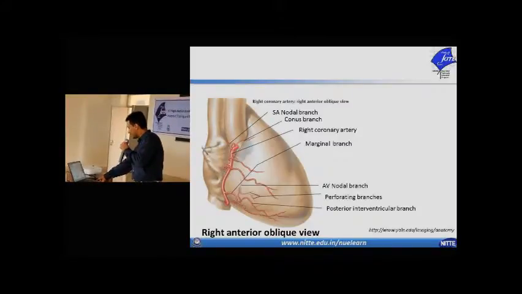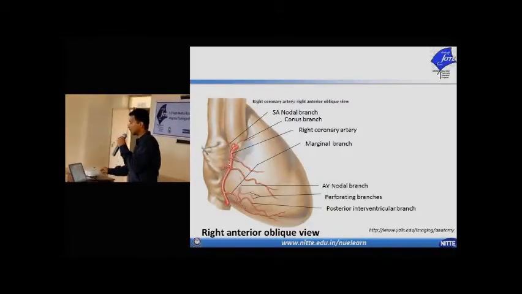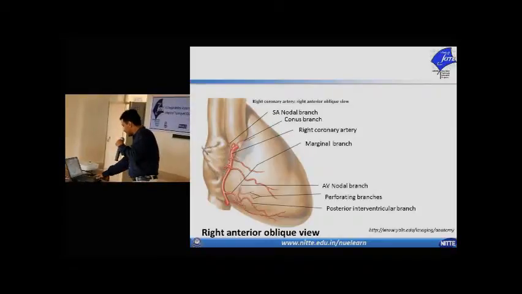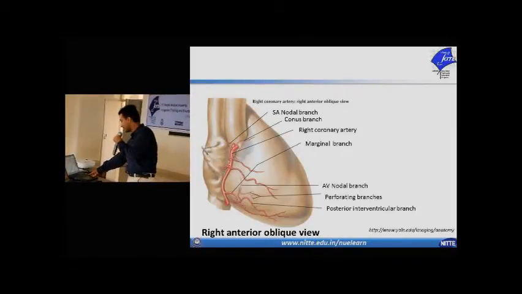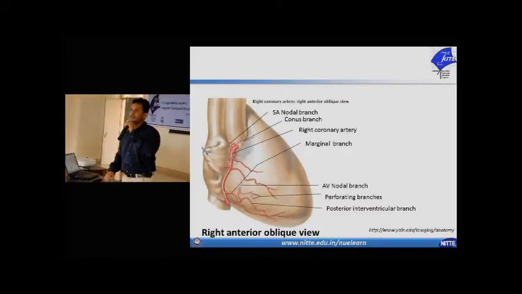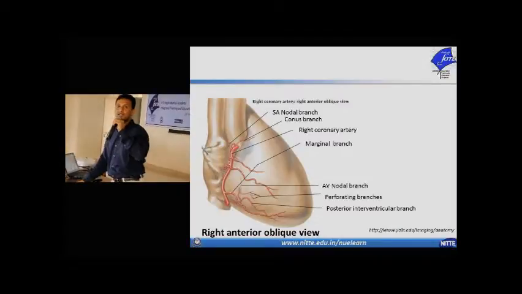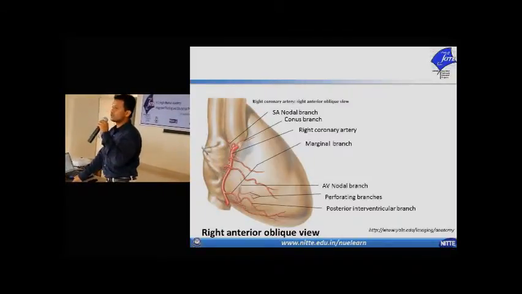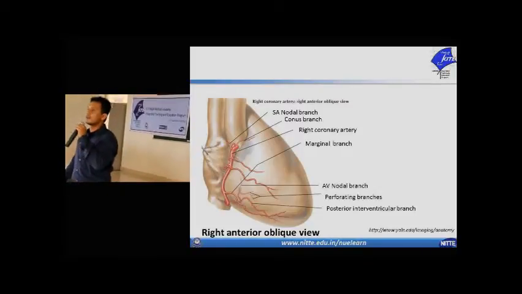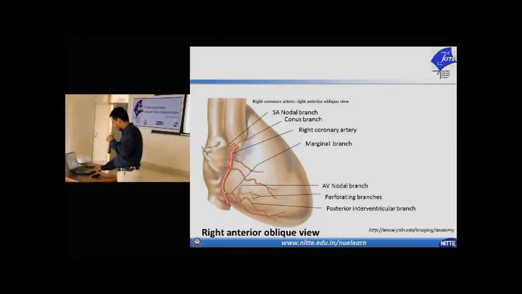Then there is the posterior interventricular branch, which, as you have seen in the previous diagram, is the continuation of the right coronary artery. And one more is the perforating branches from the posterior interventricular artery, which supply the posterior superior part of the interventricular septum.